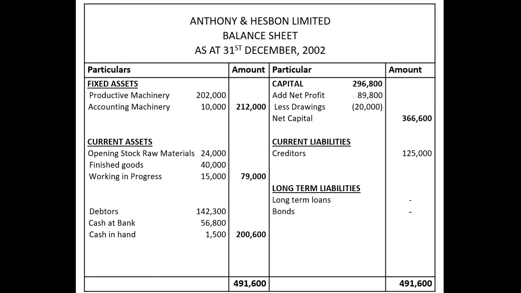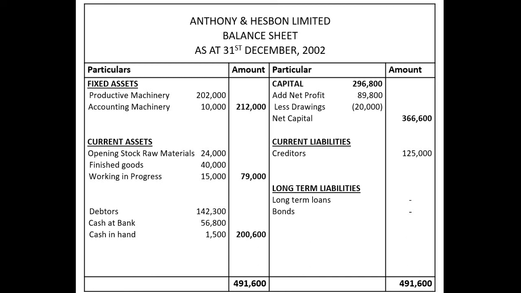Debtors, which amounted to 142,300. Cash at bank, which amounted to 56,800. Cash in hand, which amounted to 1,500. Our total assets, both fixed and current, sums up to 491,600.